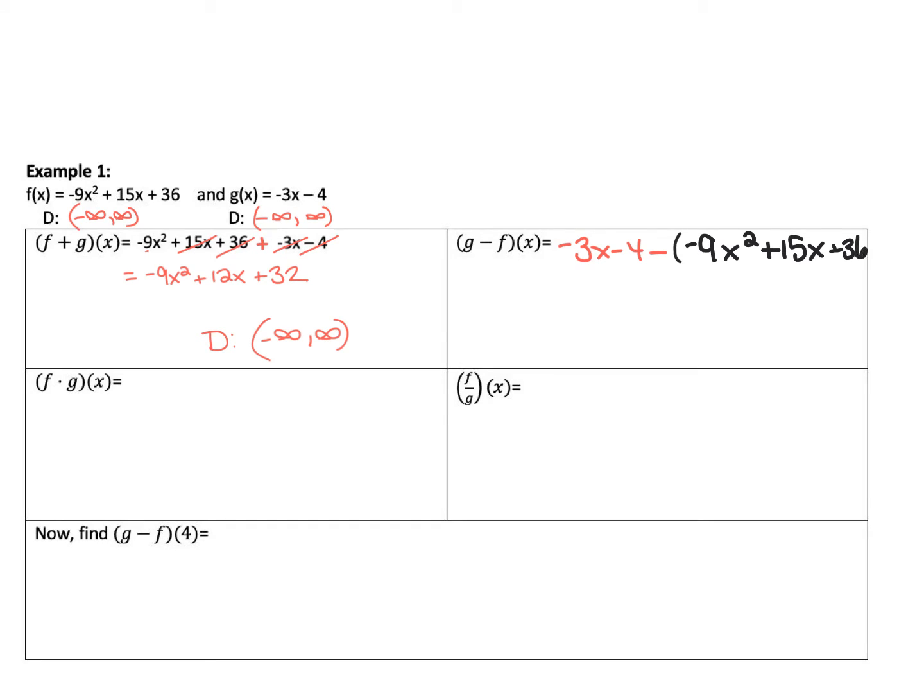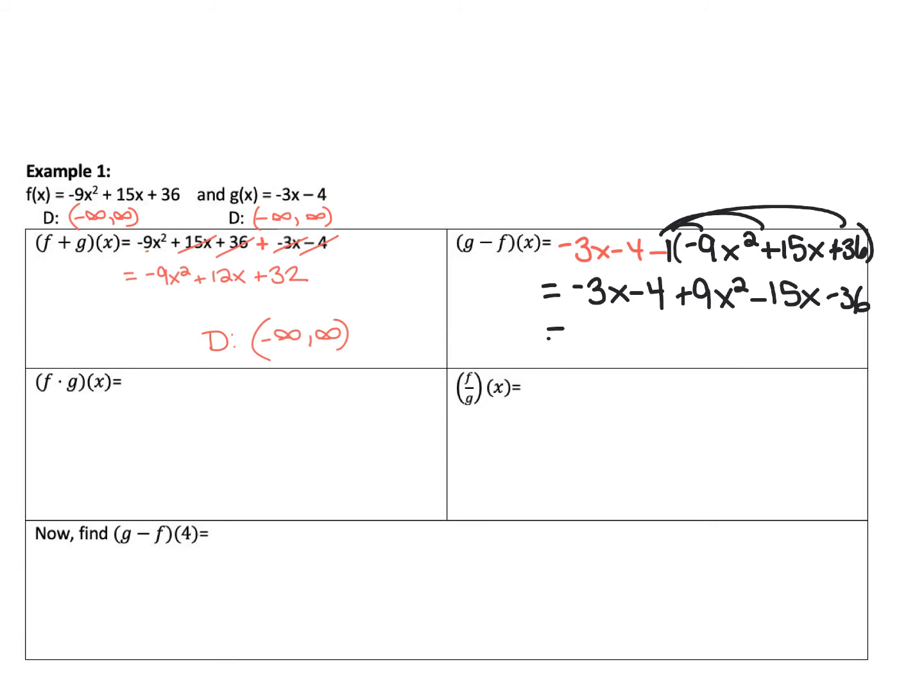So this is really just checking again, can you subtract polynomials? All right, so this is equivalent to, I always begin by first distributing. Think of this as a negative and I distribute it to all three terms. So I'd have positive 9x squared, negative 15x, and negative 36.